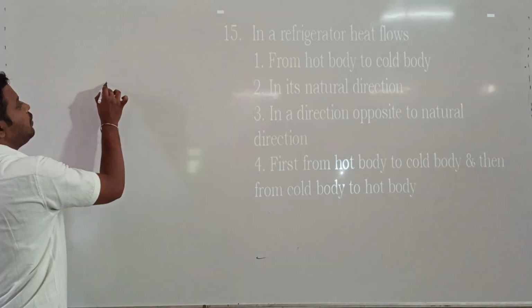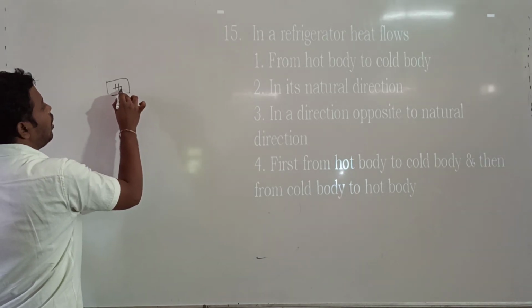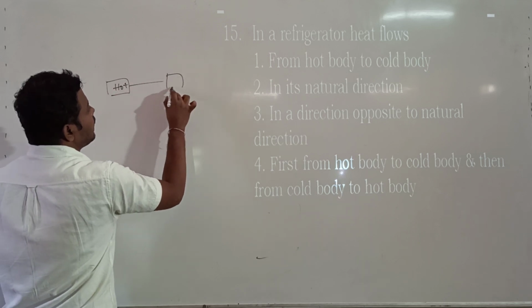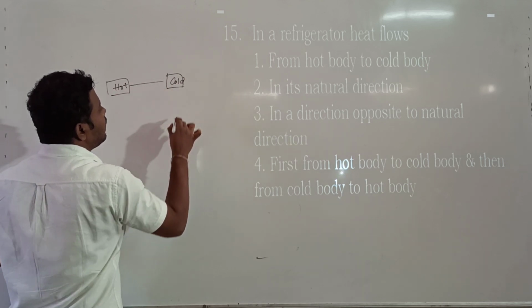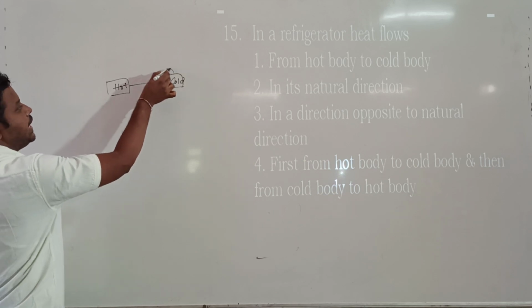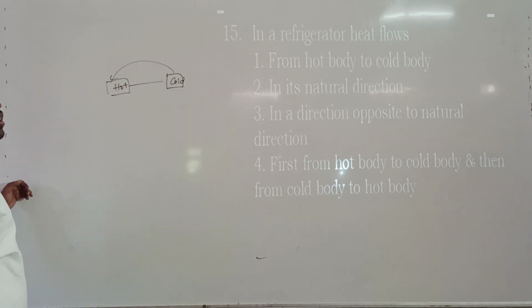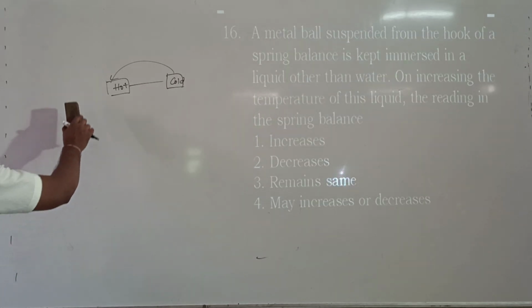So generally heat will flow from which body to which body? Hot body to cold body. Correct? But in a refrigerator, that is reversible heat. So heat will flow from cold body to hot body. In a direction opposite to which one? Natural direction. Okay? So which option? Third. Next one. 16th question.